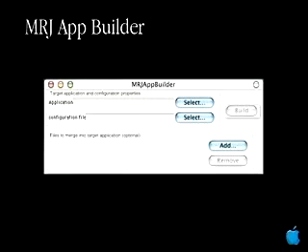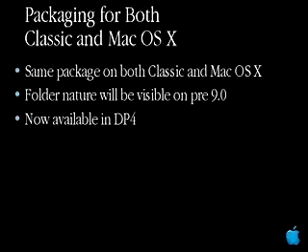Point at your MRJ app.properties file, point at your configuration files, any of your applications, that kind of thing. And MRJ app builder will cons up an application for you. So you don't have to go through Project Builder if you don't want to, and it'll have the same effect. But this functionality is being merged into Project Builder, so Project Builder is going to do the same thing.